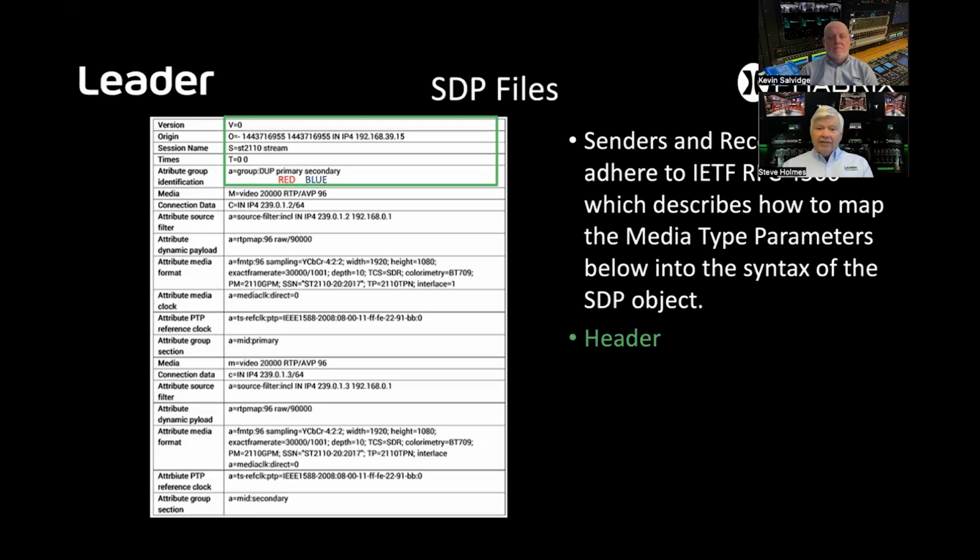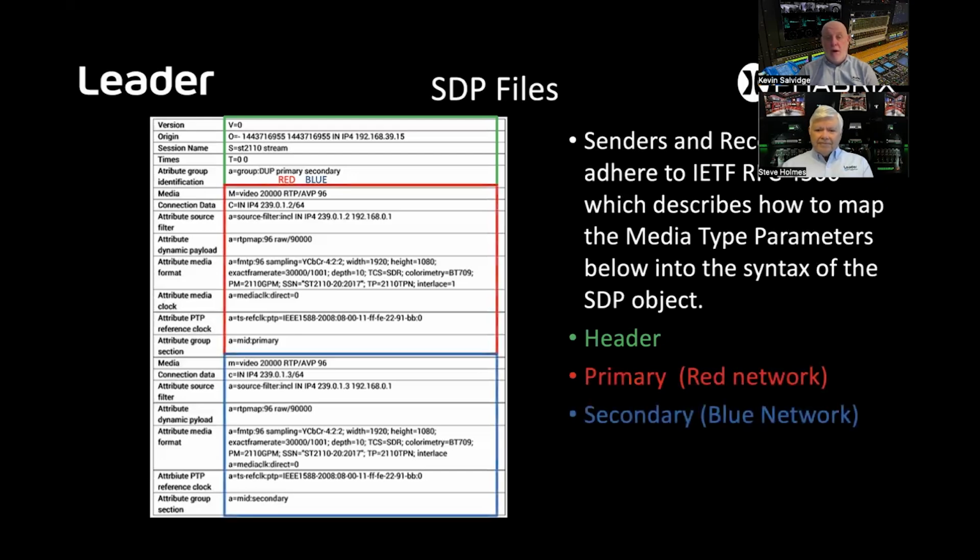And you'll see the primary and secondary, which are really the red and blue networks. So there's the red or primary, and there's the blue. And as you look at them, they are actually almost identical, aren't they? Very much. The only difference is the IP address of the video flows.